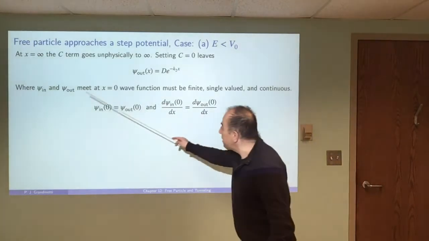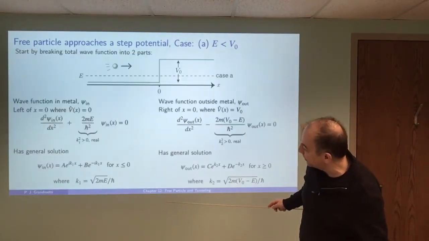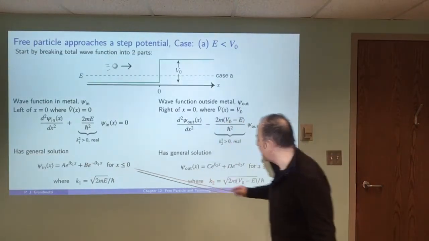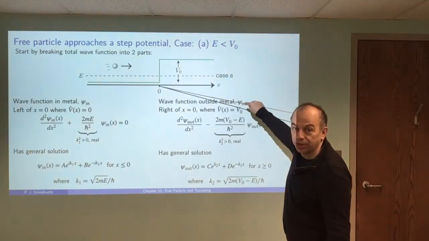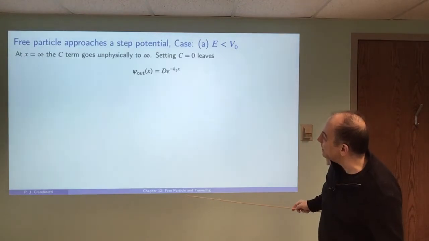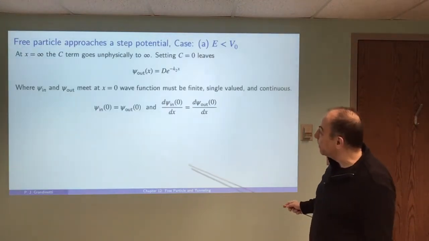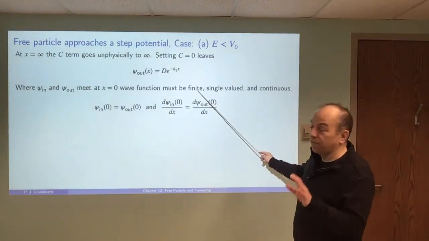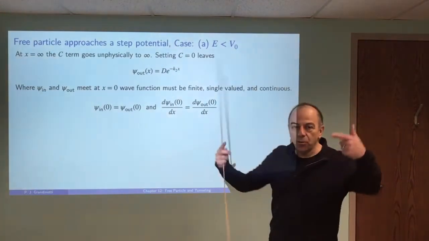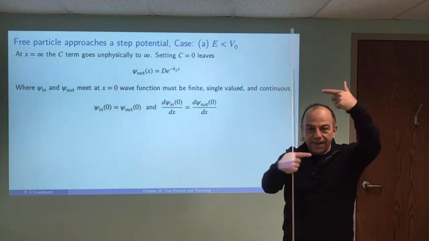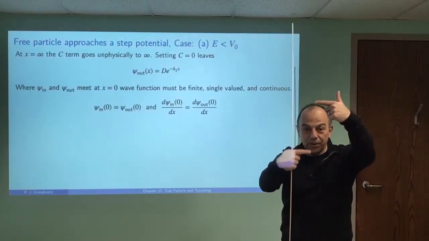Now, this function and this function meet right here at x equals 0. So when they meet, we require that, first of all, the function always must be finite, but it also needs to be single valued. So when those two wave functions come together, they can't come together at x equals 0 with different values.